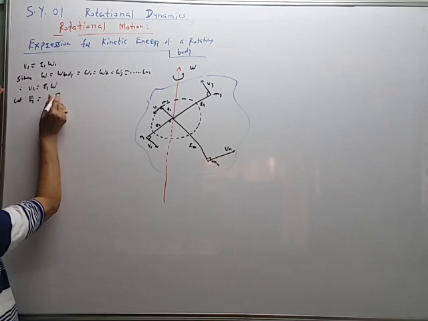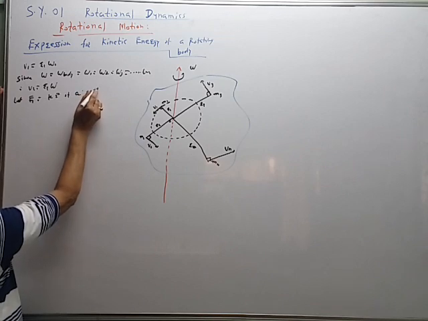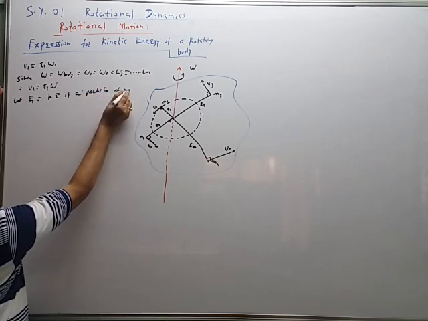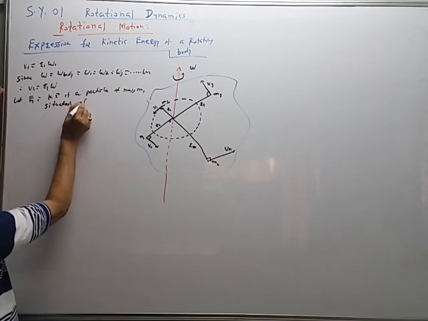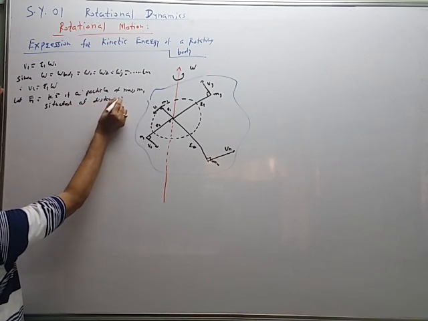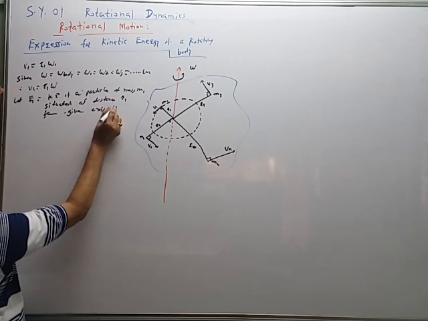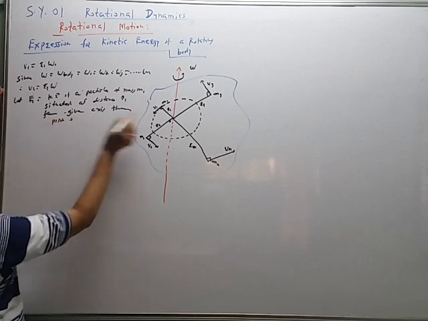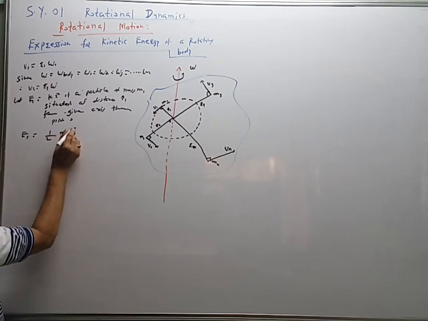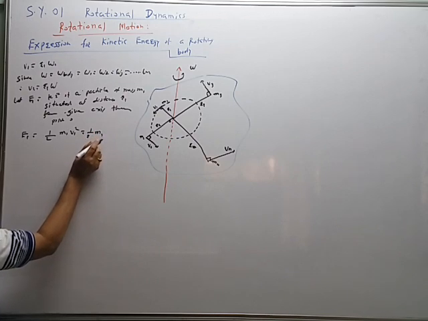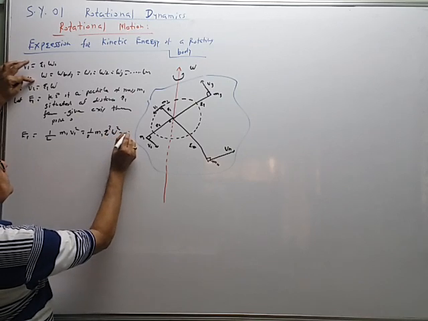Let E1 be the kinetic energy of a particle of mass m1 situated at distance r1 from the given axis of rotation, the axis through point O. By the usual relation, it is given by 1/2 m1 v1 square, which is equal to 1/2 m1 r1 square omega square, after substituting v1, where omega is the angular velocity of the whole body.